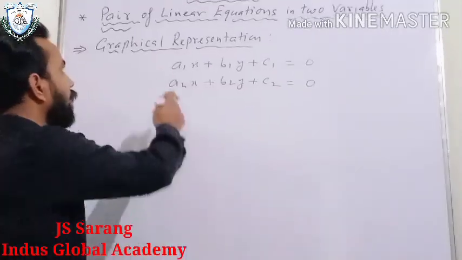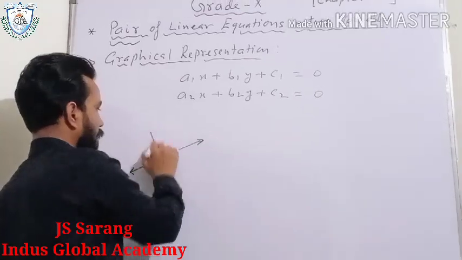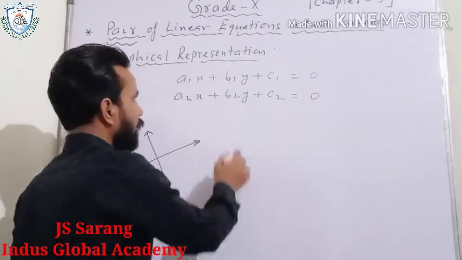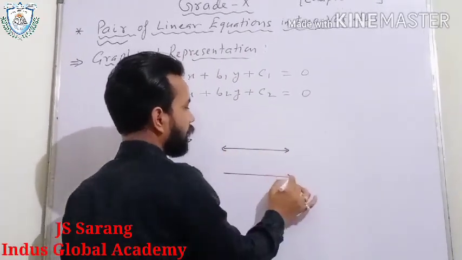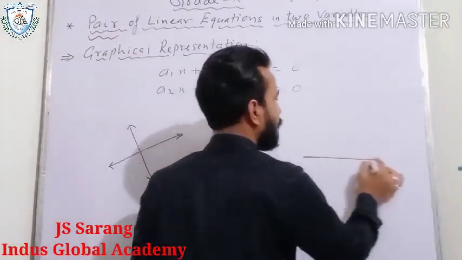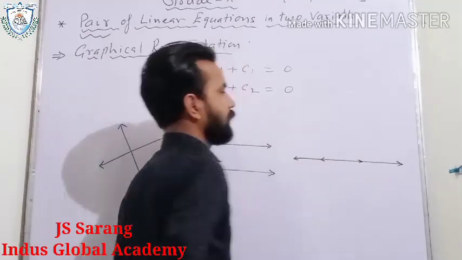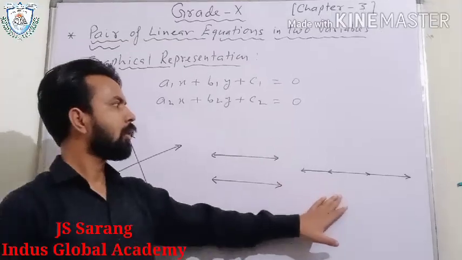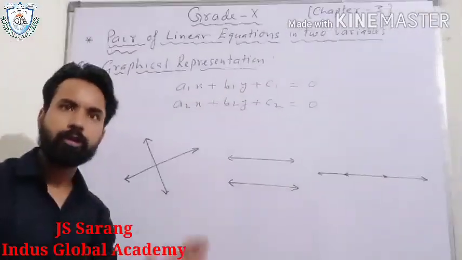These two lines can be intersecting lines, two parallel lines, or coincident lines. Understood? There are only three possibilities.